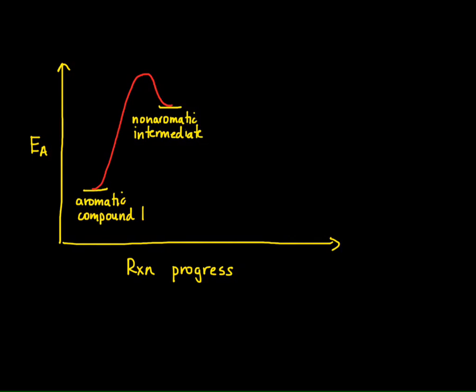And then once that non-aromatic intermediate forms, it rapidly proceeds to a new aromatic compound we label number 2, and we see that the transition state is lower in energy than the first transition state, and so this reaction proceeds very quickly. So the energy barrier is to actually get to that non-aromatic intermediate and to get to transition state number 1.